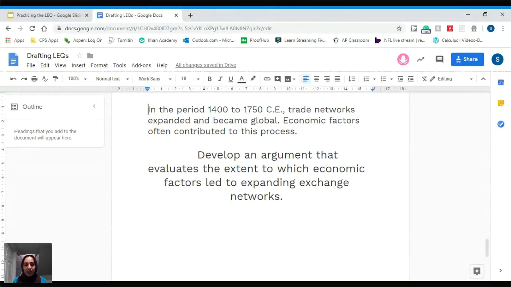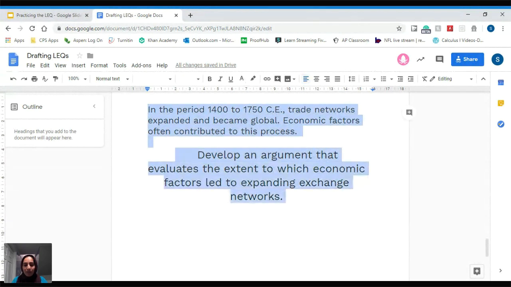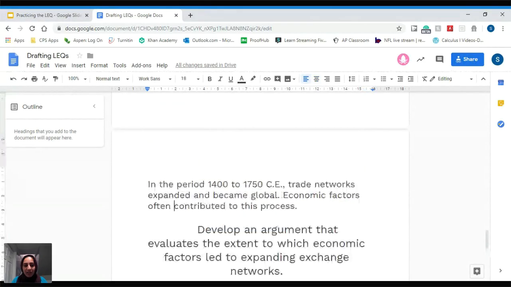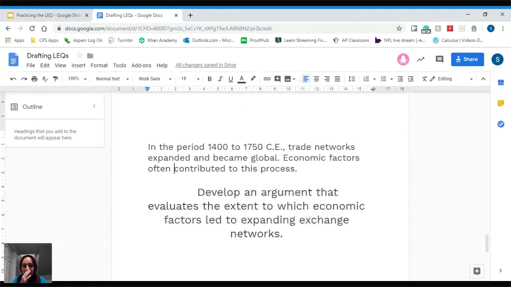Develop an argument that evaluates the extent to which economic factors led to expanding exchange networks. Oh yeah, and I also credit this prompt to Eric Beckman, one of our leading teachers here at Fiveable. He came up with this prompt just before the exam last year. And this is a really good prompt because it summarizes a lot of what this period is about.